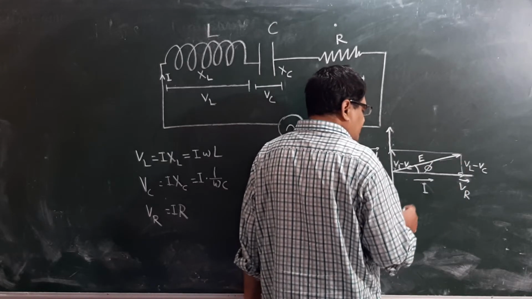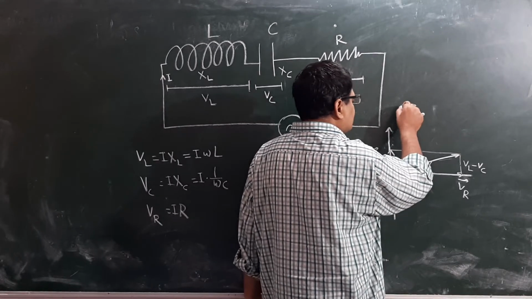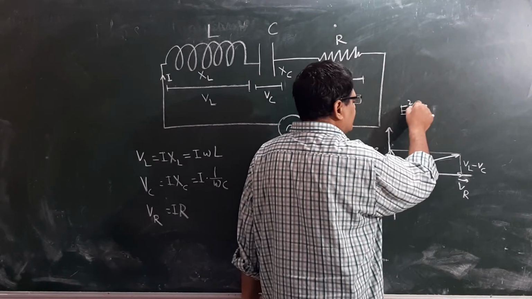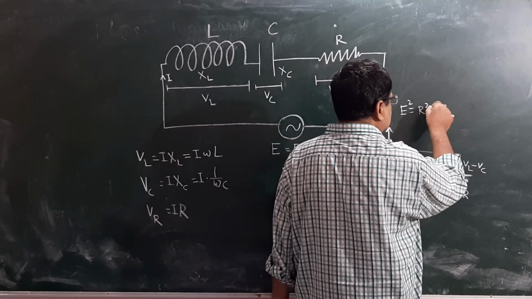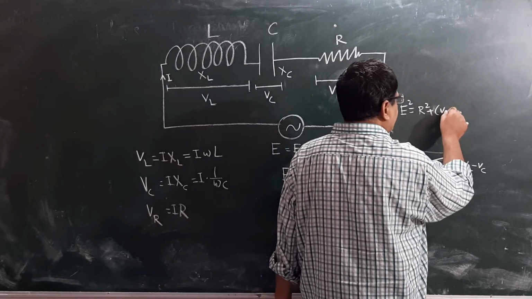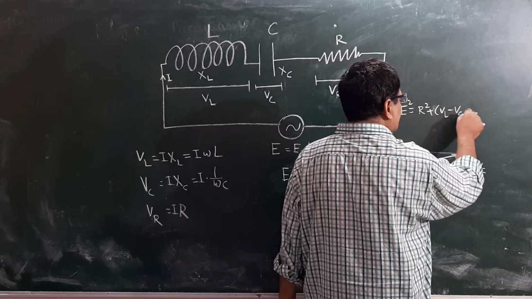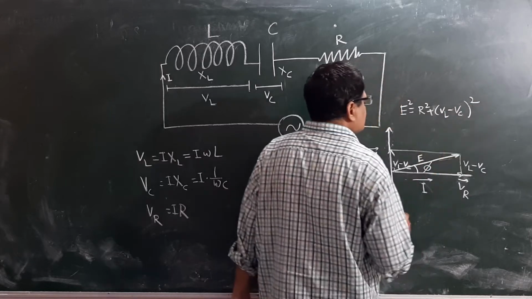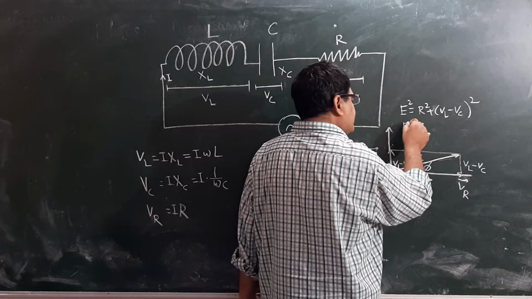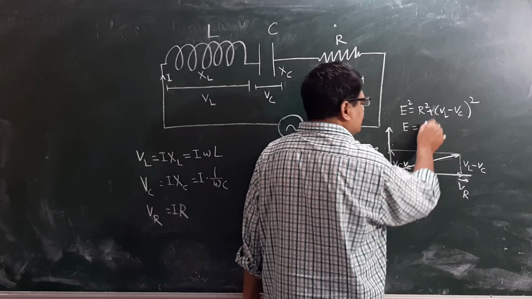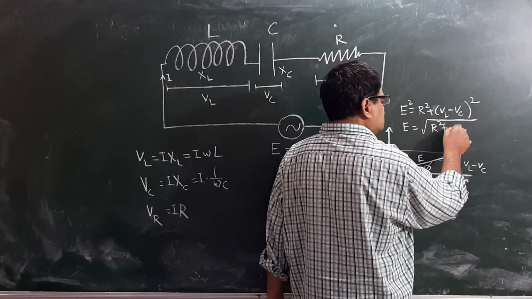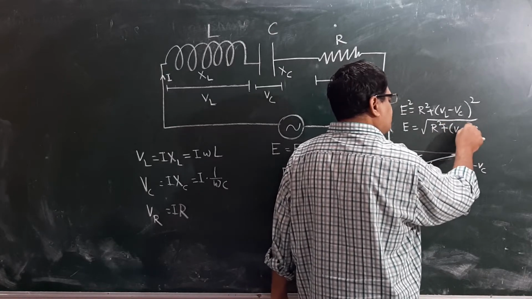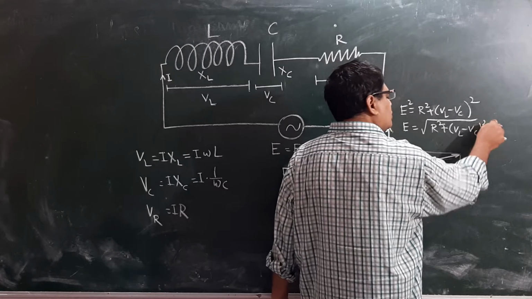So we can write here that E square is equal to VR square plus VL minus VC whole square. So we can write E is equal to square root of VR square plus VL minus VC whole square.